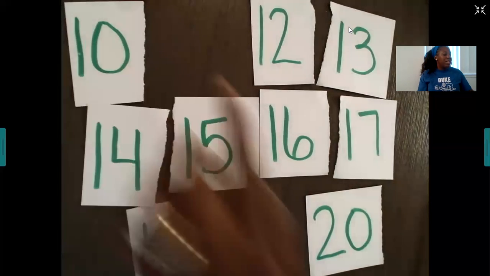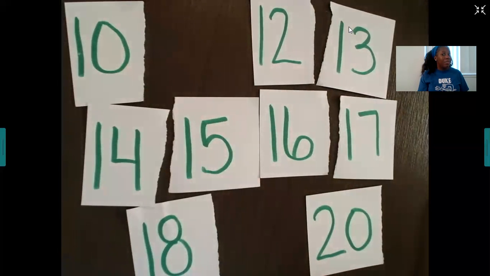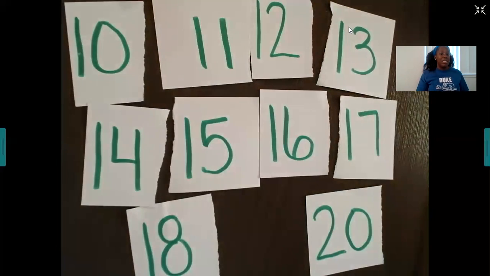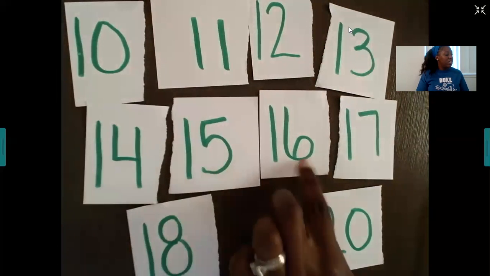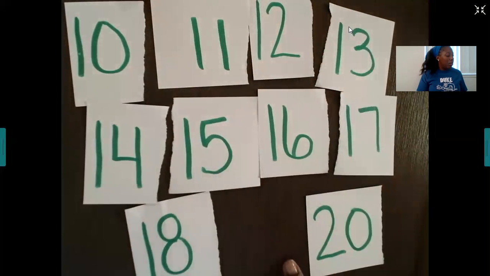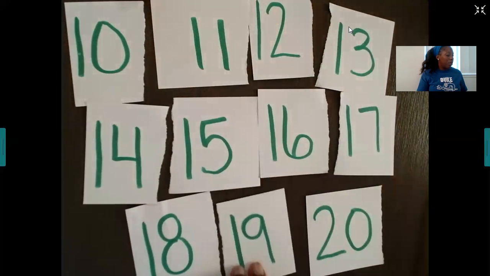Well, there's a number missing after 10. What number comes after 10? 10, 11. That's right. I pulled 11. It's missing. Well, I have 11, 12, 13, 14, 15, 16, 17, 18. Uh-oh, I'm missing a number. After 18, it's missing and it's 19.